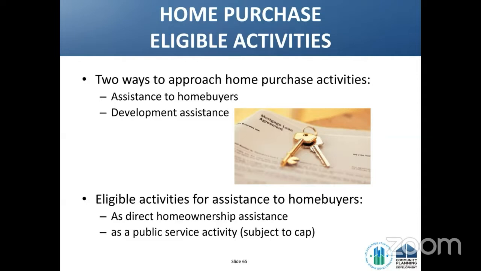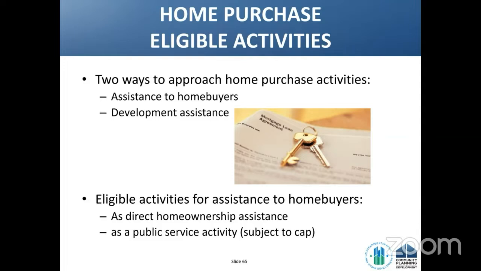This is not something generally that would be carried out with CDBG-CV. There would have to really be an extenuating circumstance. It'd be very hard to document that you're doing it because of a tie back to COVID.